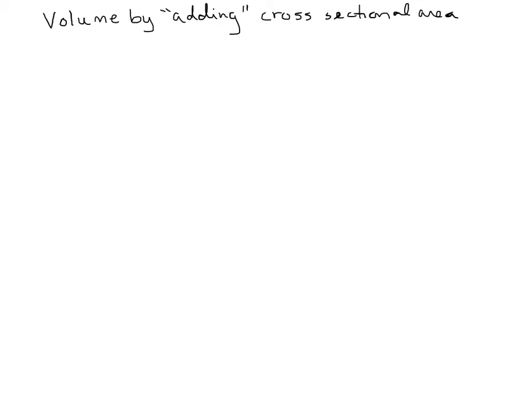Alright, in this video I'm going to talk about using integrals to find volume, and we're going to do this by "adding." You can think of this kind of adding as integrating.